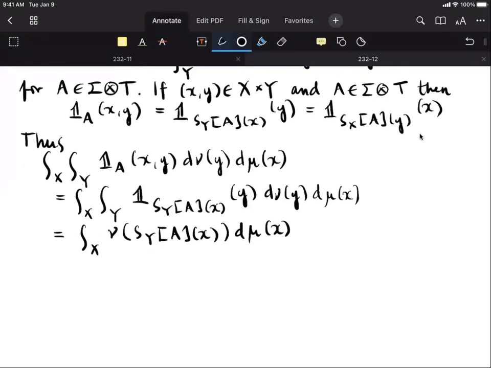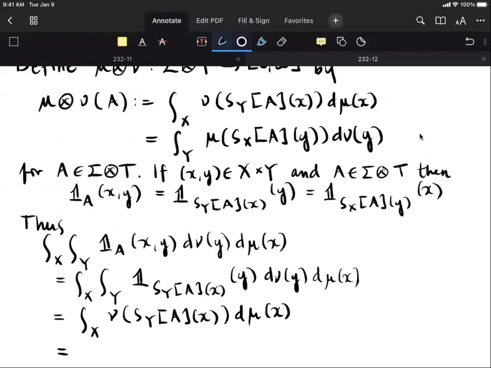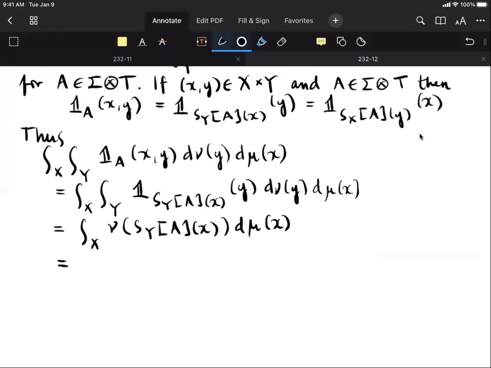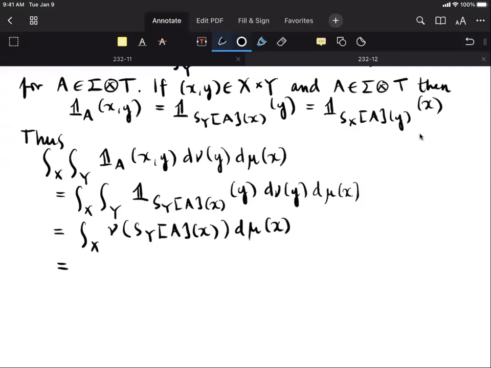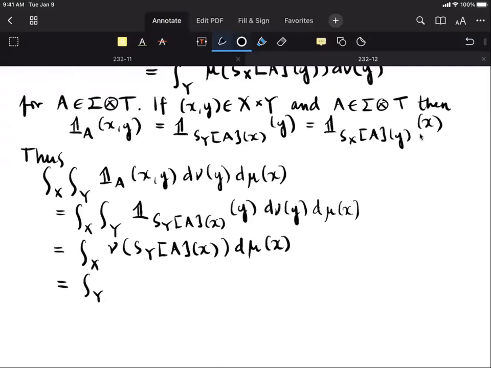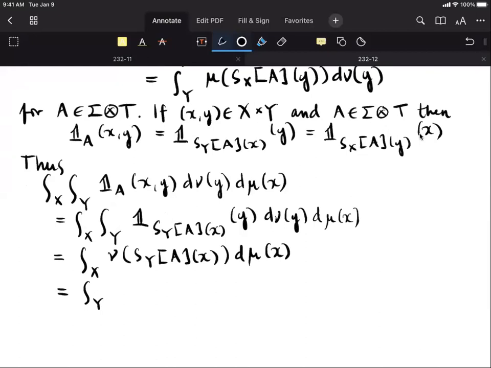Now, applying this equality here, we get that this is also the same as the following: mu of S_x(y) d nu y.